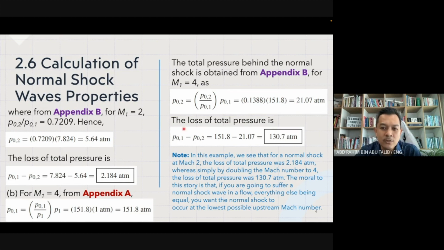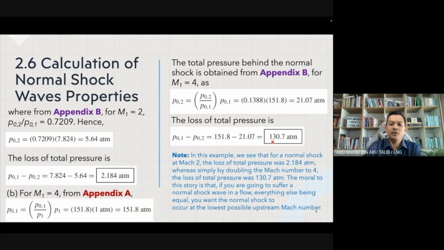So the loss of total pressure is now different, because it is at a different Mach number. P01 of 151.8 minus P02 of 21.07 gives the total loss of pressure, which is greater: 130.7 atm.